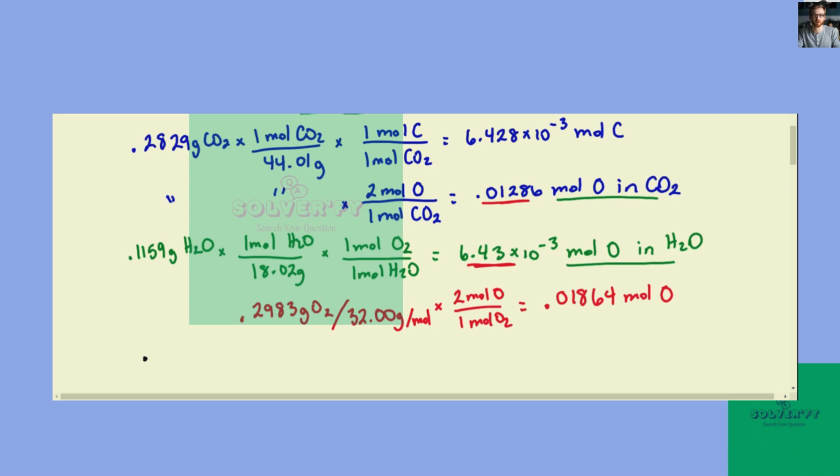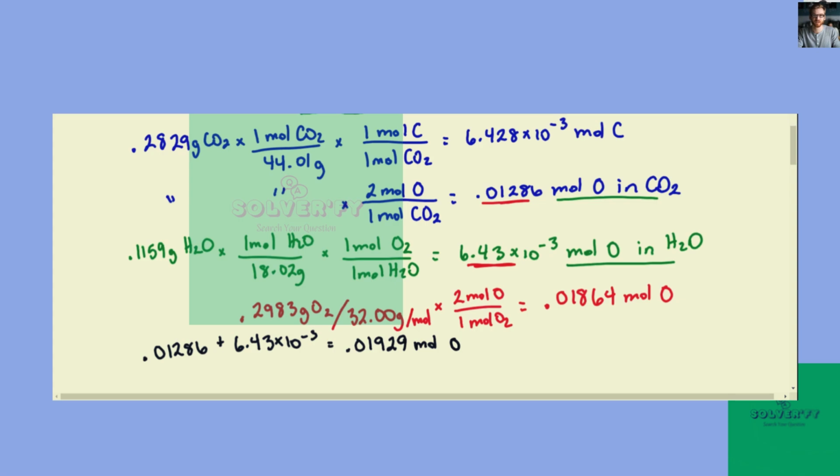We have 0.01286 plus 6.43 times 10 to the minus third. This gives us 0.01929 moles of oxygen on the product side.